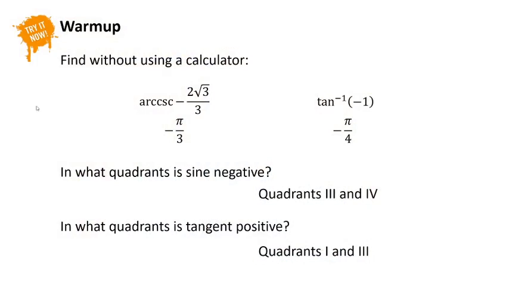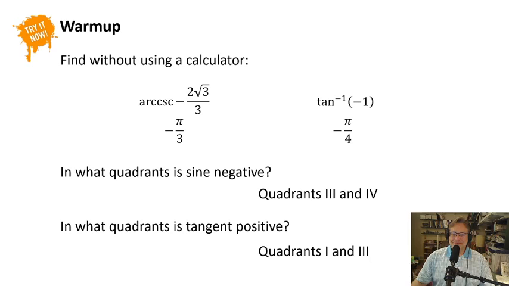Welcome back. In particular, that first problem I know is rather challenging. The others should have been fairly straightforward. Let's take a look at this first one. If I have an angle that has a cosecant of this value, then let's simplify this a little bit to get closer to the answer. This is obviously an instance in which we had to rationalize the denominator.